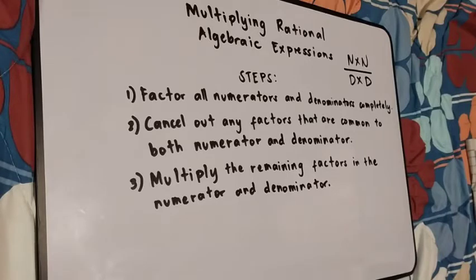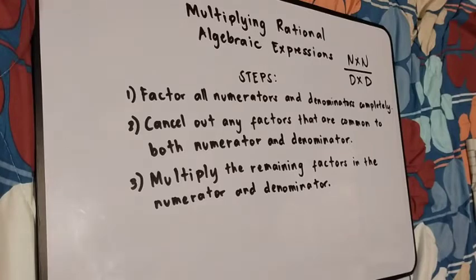Okay? So, now in multiplying rational algebraic expressions, ganun din naman yung way. Numerator times numerator over denominator times denominator. But, we have steps here para mas madali natin ma-multiply yung algebraic expressions. So, first is factor all numerators and denominators completely.